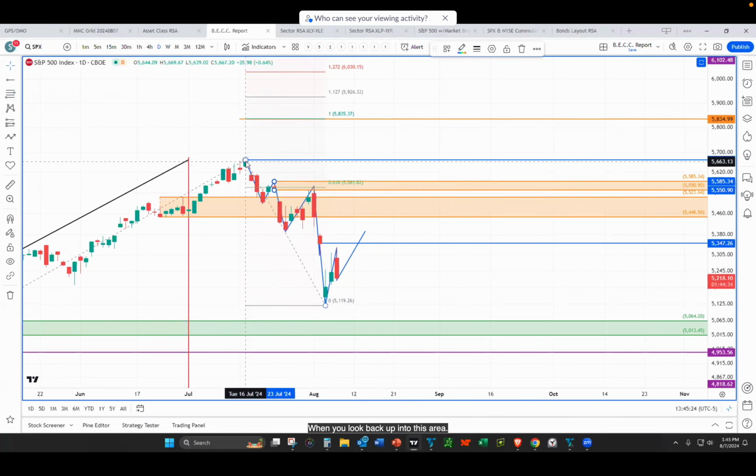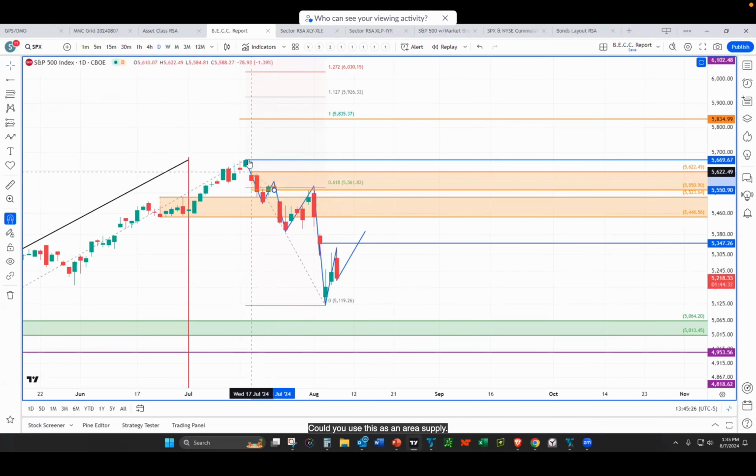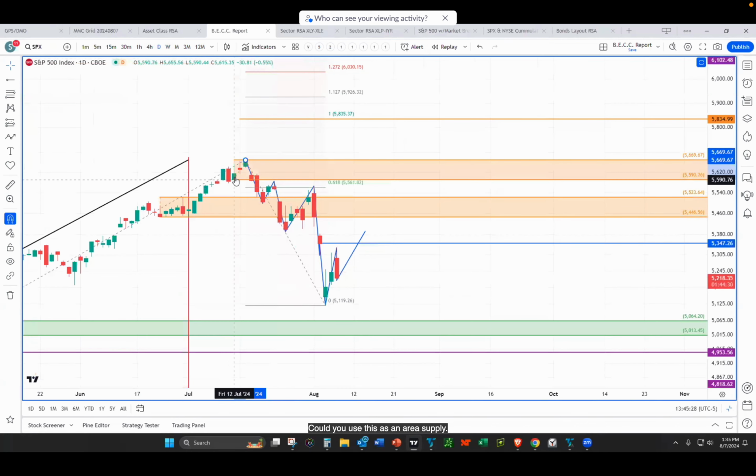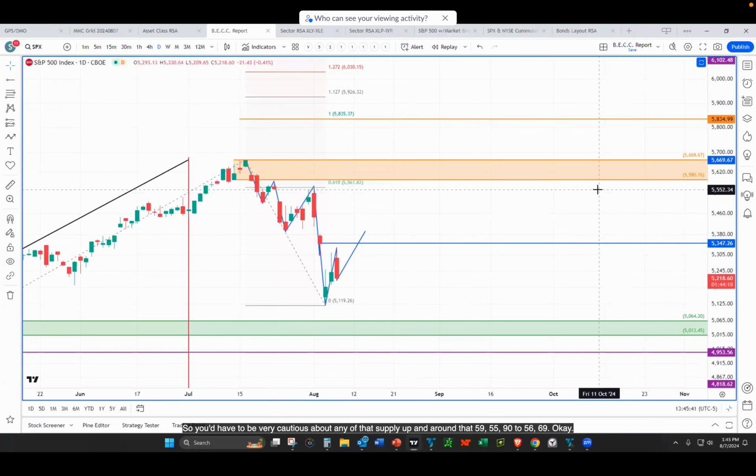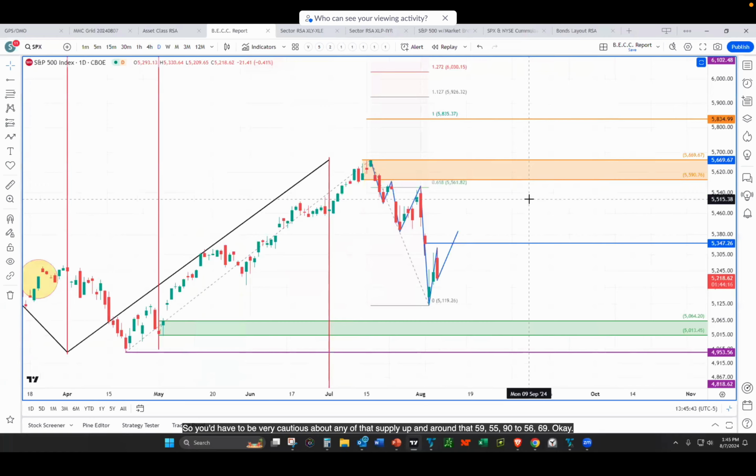Okay. When you look back up into this area, could you use this as an area of supply? Potentially. I just don't like that because you have higher closes in each one of those. The market really wasn't going sideways before it started to drop there. So you'd have to be very cautious about any of that supply up and around that 55.90 to 56.69.